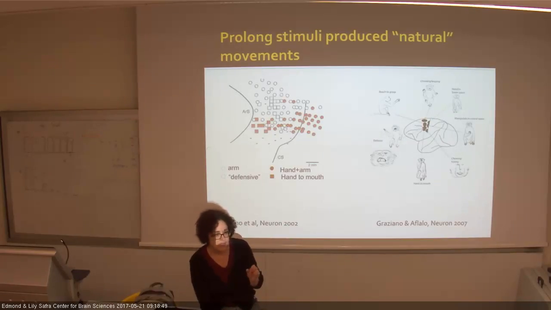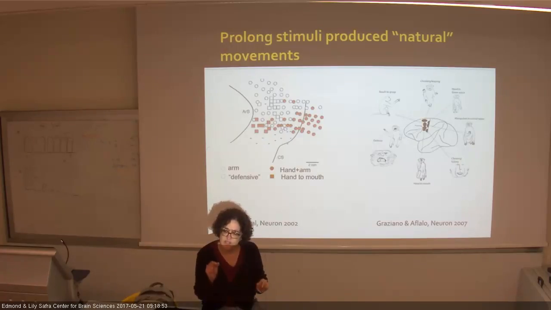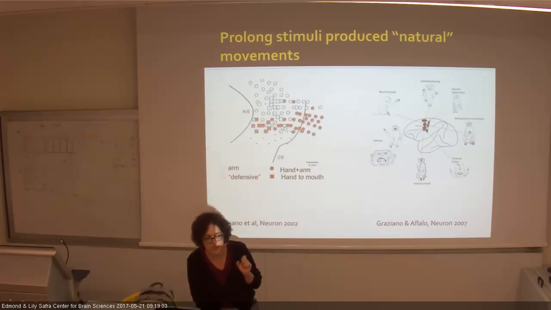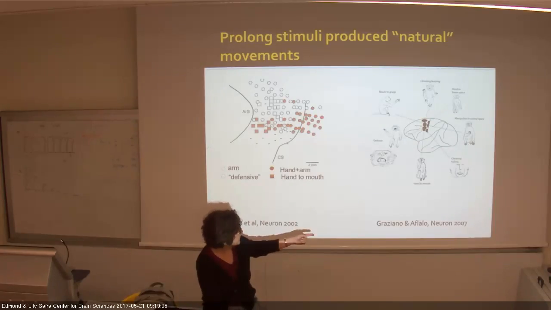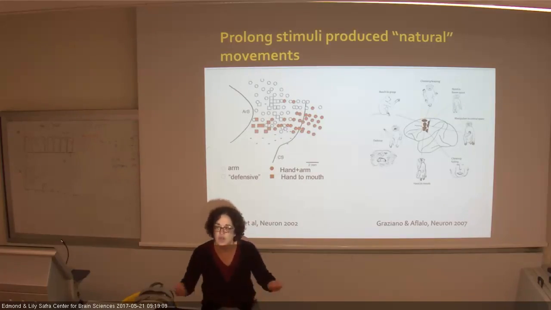So in a way you really look for just threshold or just supra-threshold response, at the level of the threshold, for a very brief stimulation. And later on in 2007, Graziano actually used a much longer, supra-threshold stimulation.